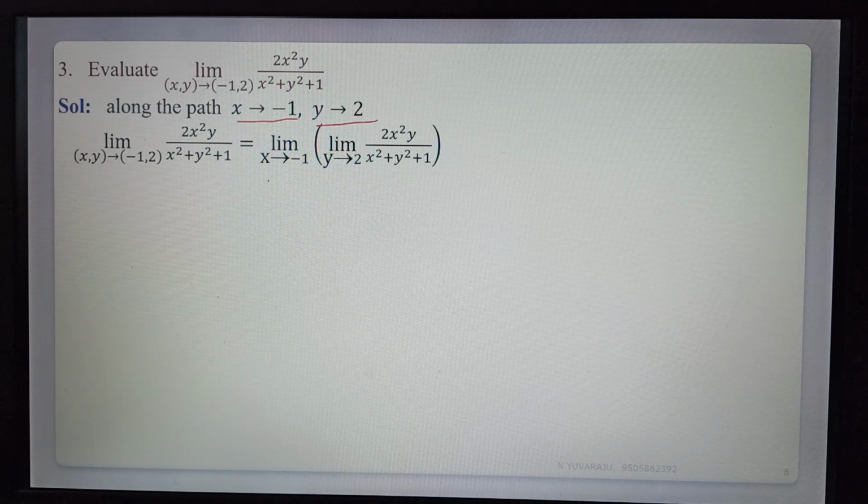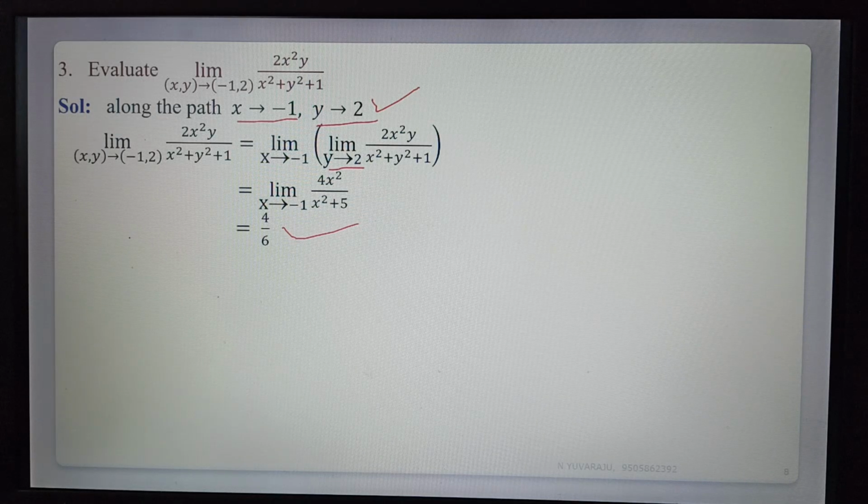First substituting y equal to 2, we get 4x square by x square plus 5. Then the limit is 4 by 6. So in this first path, x tends to minus 1, then y tends to 2.